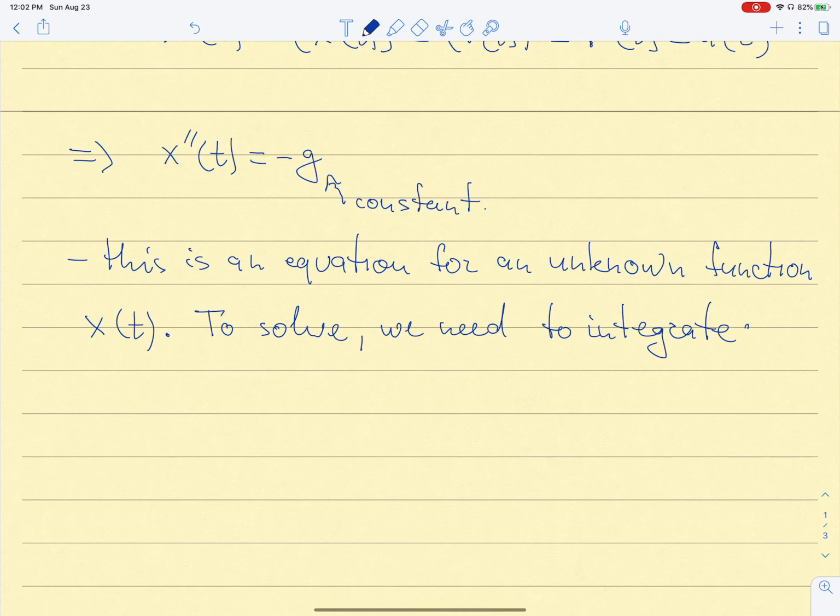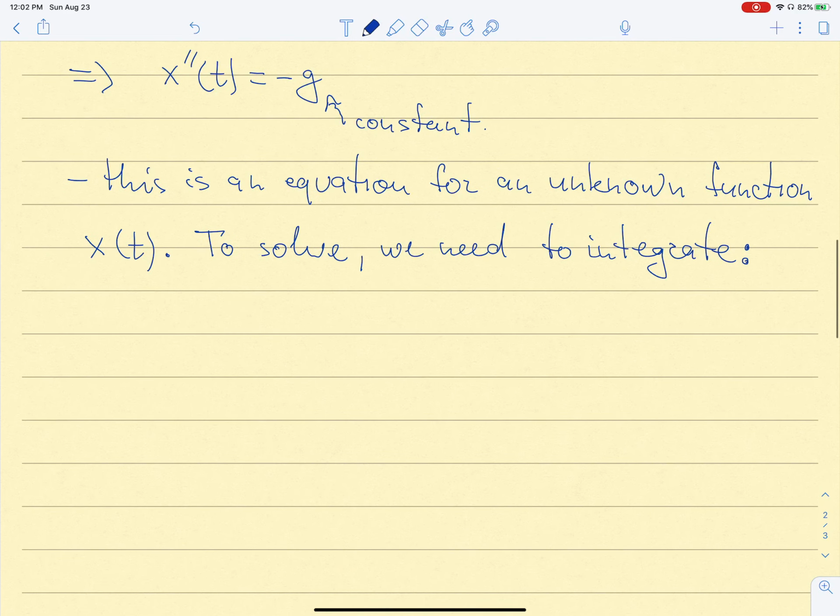So if x double prime of t is minus g, then I can figure out what x prime is, again, by integrating both sides. So x prime of t is an integral of x double prime of t dt, right? X prime is an antiderivative of x double prime. So in this case, what I'm doing, I'm integrating x double prime, which is equal to minus g.